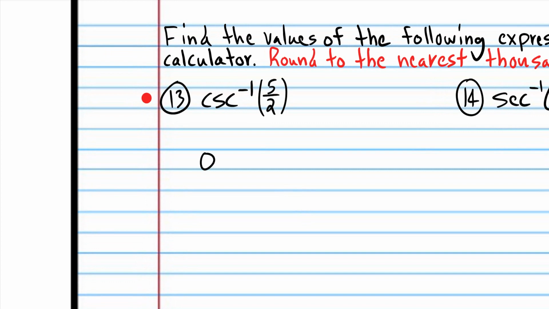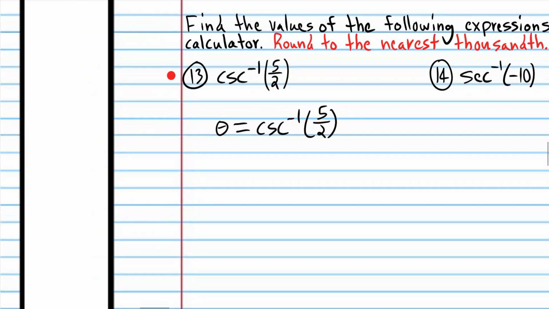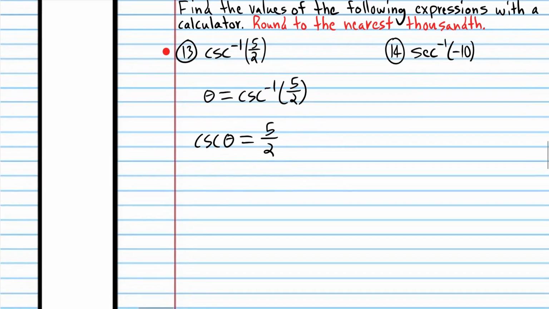So what we're going to do is set this expression equal to theta, and then convert to this equation here like we did in previous problems. And just like we did with previous problems, we're just going to convert to a sine function, and when you do that, you just flip.